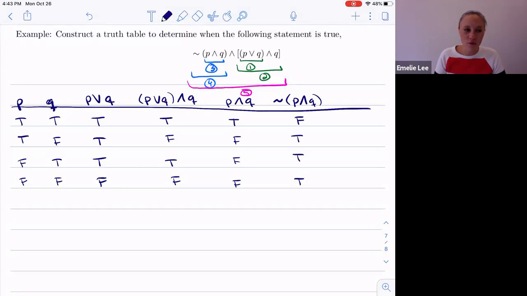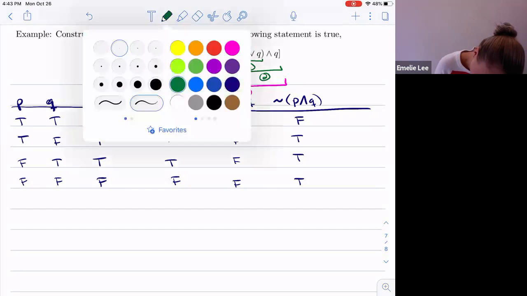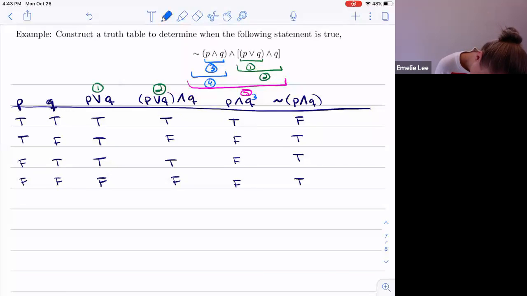So now for the overall statement, we can combine this column with this column with the AND. Let me just color code these a little bit. So here, this is 1, 2, 3, 4, and then finally 5, just in case I can't squeeze it all in here.